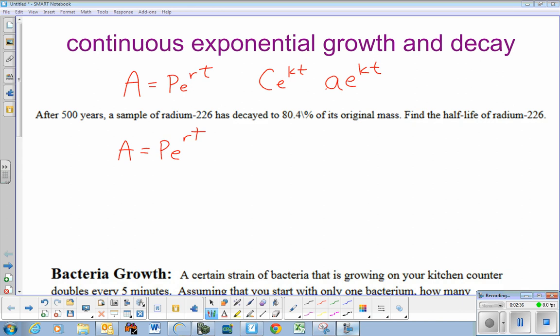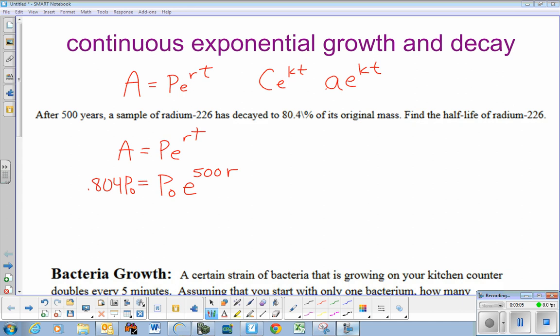We were not told how much we started with. So a cool thing about these problems is it does not matter how much we started with. If we started with P sub 0, like the initial amount, we know that we have 0.804 P sub 0 left after this amount of time, 500 years. t is 500, r is the number we do not know.